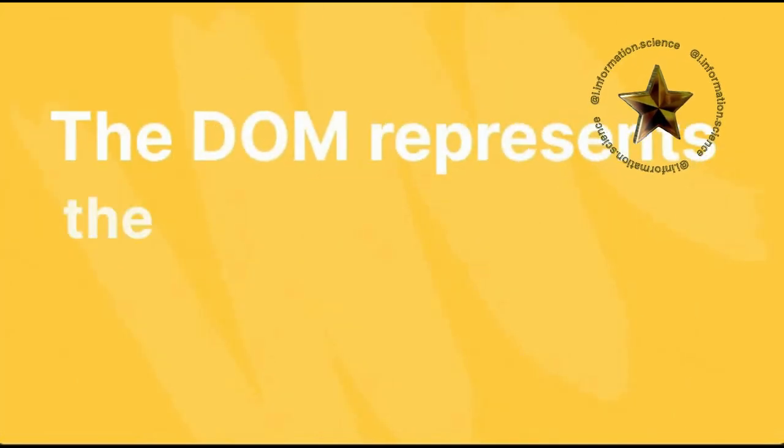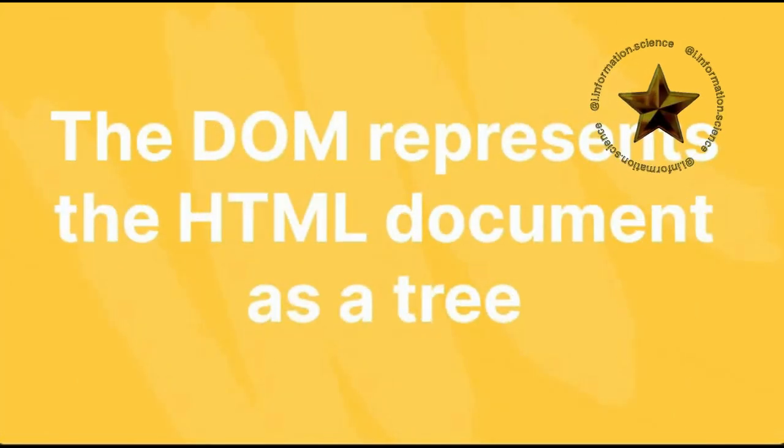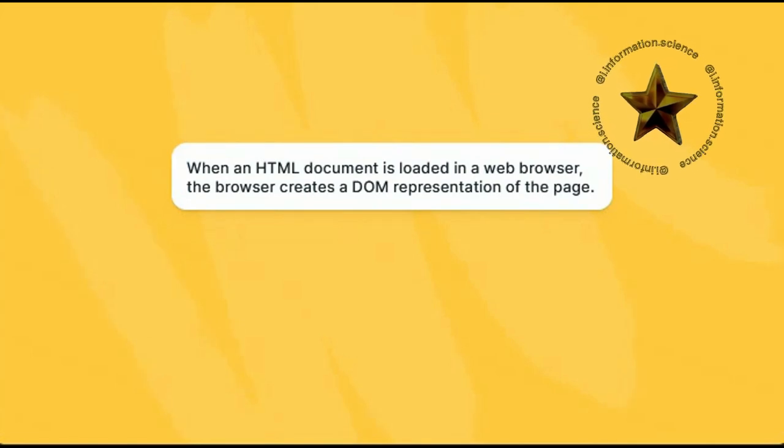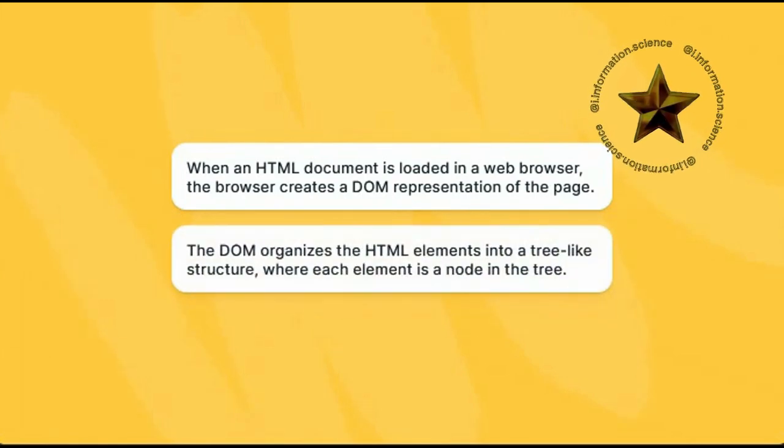The DOM represents the HTML document as a tree. When an HTML document is loaded in a web browser, the browser creates a DOM representation of the page. The DOM organizes the HTML elements into a tree-like structure, where each element is a node in the tree.